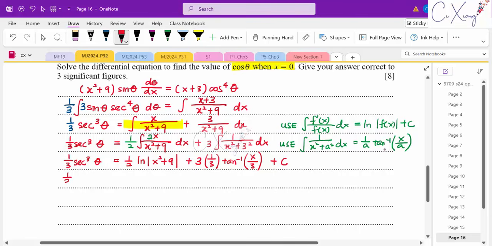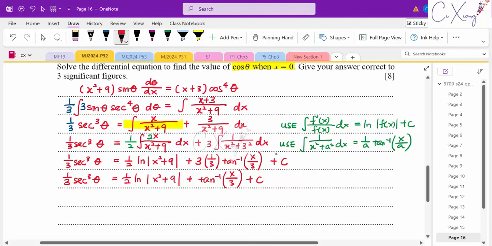Let me rephrase my answer a little bit. 1 over 3 can be simplified, and therefore you're having tangent inverse x over 3, then plus c.